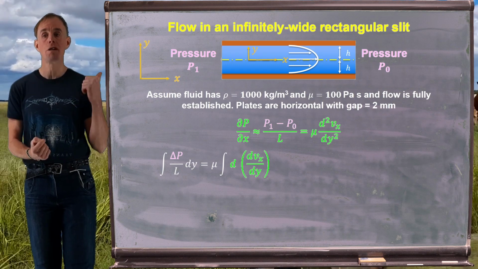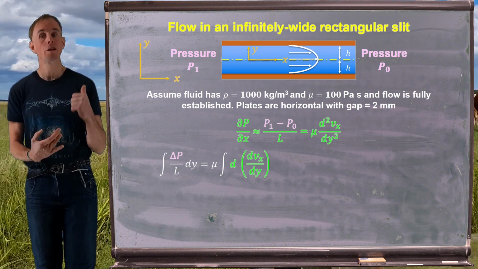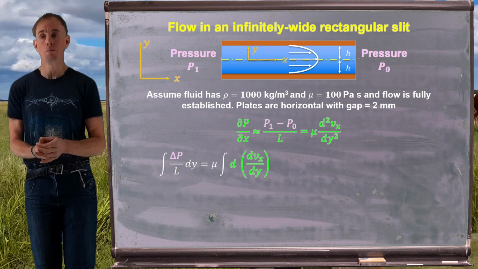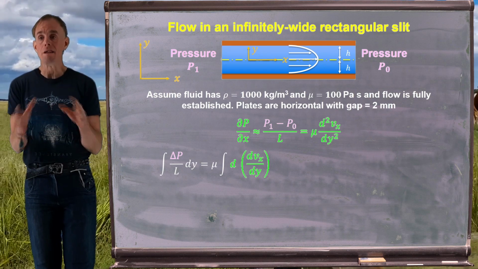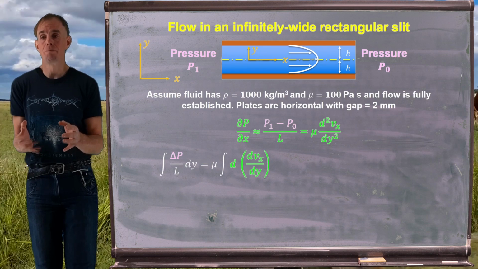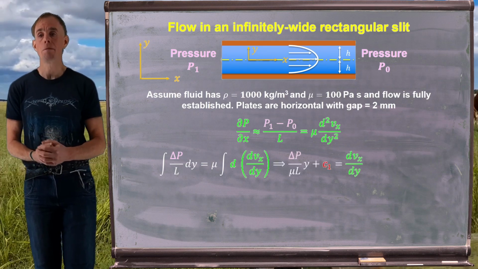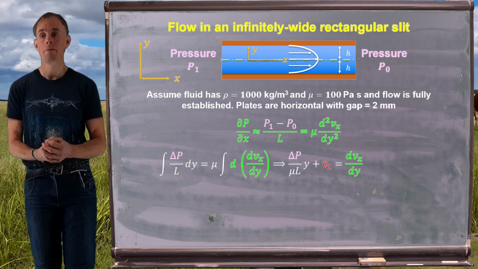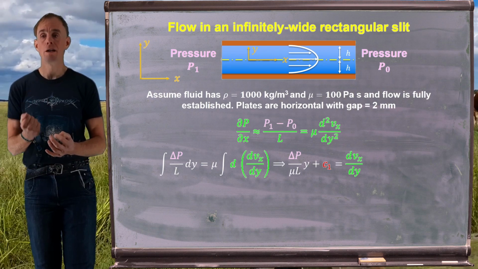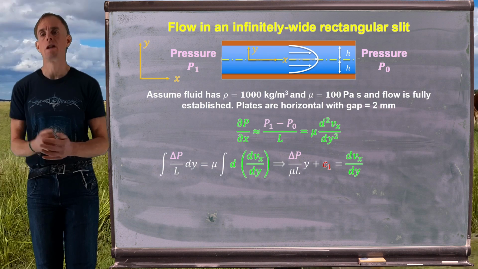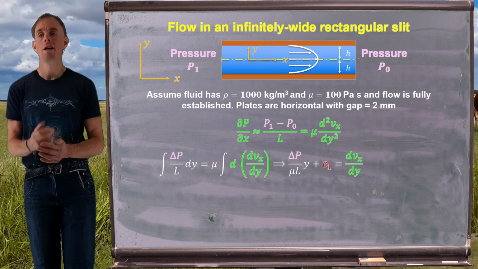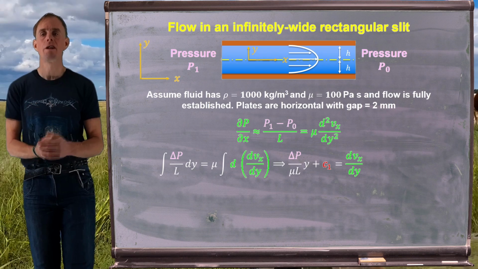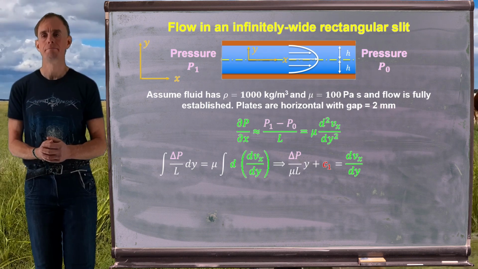It just makes the integration a little more obvious, because the integral that I'm going to end up with is going to be dvx by dy. So let's take that step. The left hand side I'm going to integrate with respect to dy, and that gives me delta p over mu L, because I've taken the viscosity to the left hand side, times y, plus an integration constant c1, and on the right hand side that equals dvx by dy.